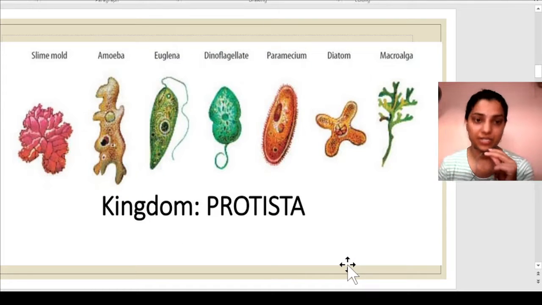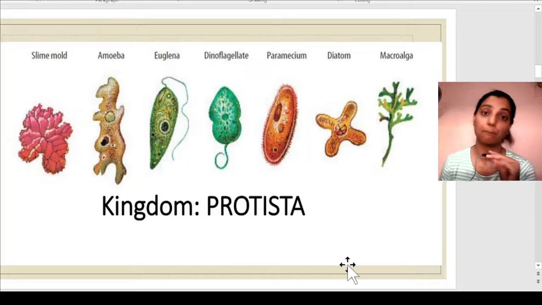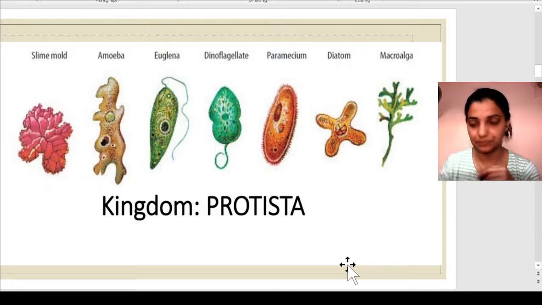The Kingdom Protista includes slime mold, amoeba, euglena, dinoflagellate, paramecium, diatoms, and macroalgae as some examples.